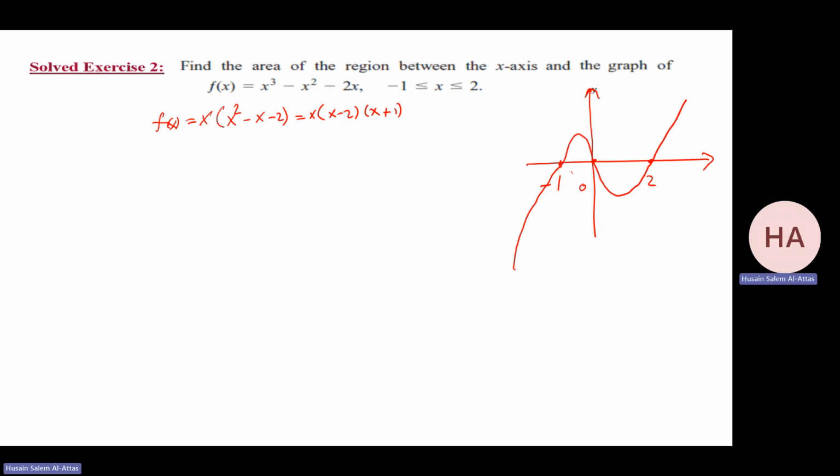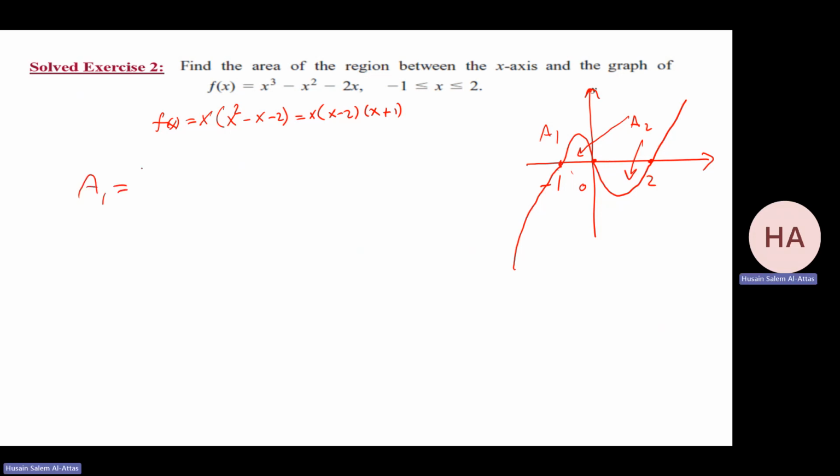Now the same thing, I have A1 and A2. So what is A1?